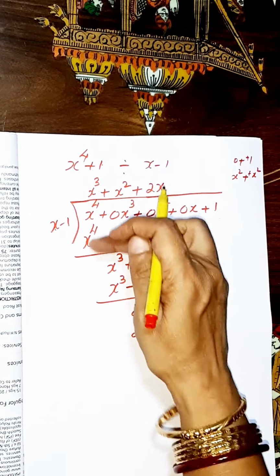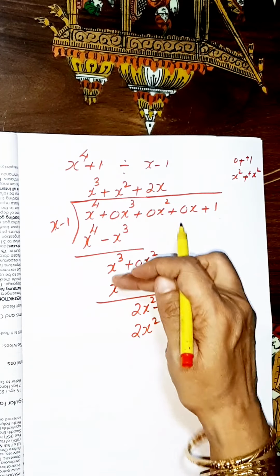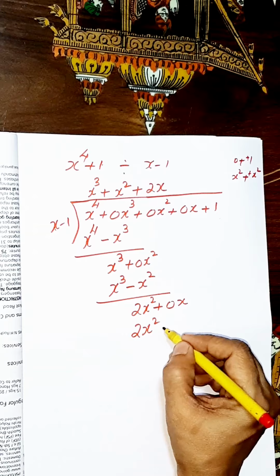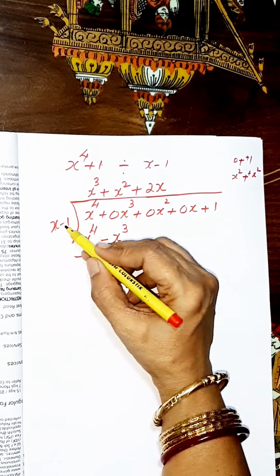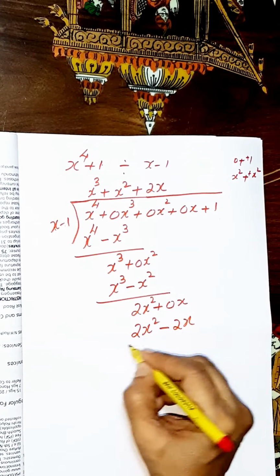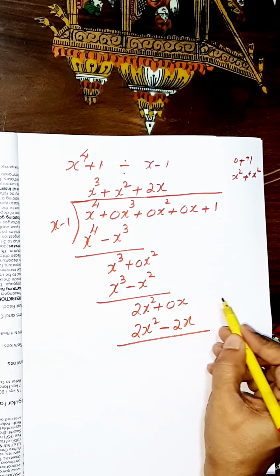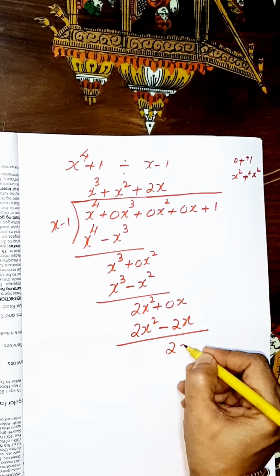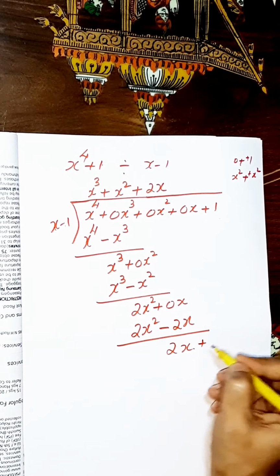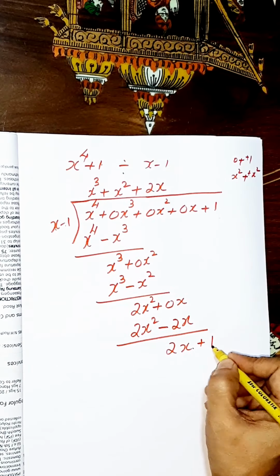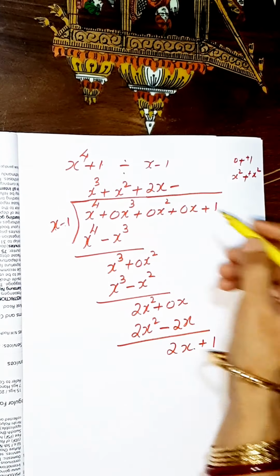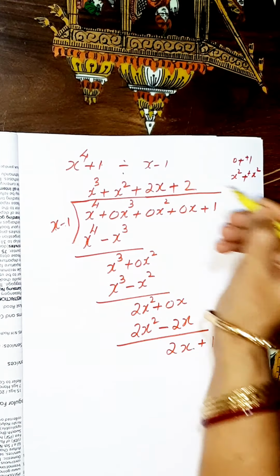So if you see, we are eliminating each term and proceeding. Now 2x into minus 1 is minus 2x. So 0 minus minus 2 will become plus 2x. Then we will bring the constant down.